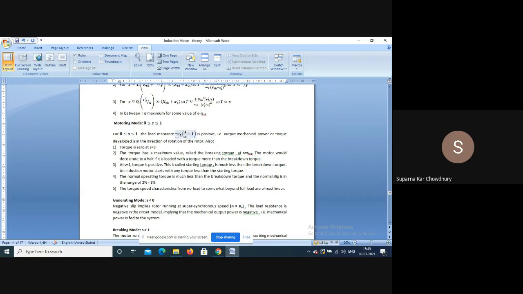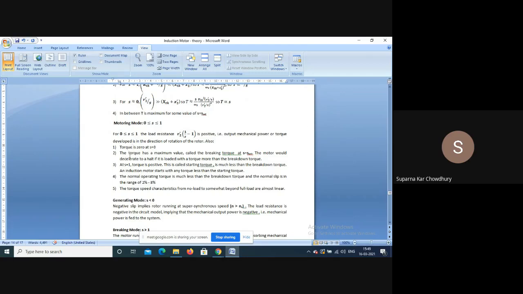The load resistance in the equivalent circuit, R2 dashed (1 by S minus 1), is positive. Slip is positive, so load resistance is positive. That means the mechanical power developed is positive, and this power developed is supplied to the shaft.